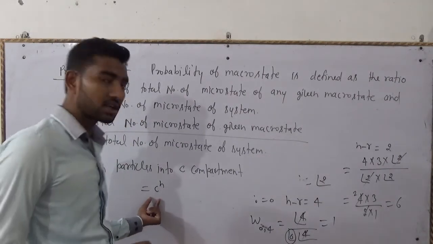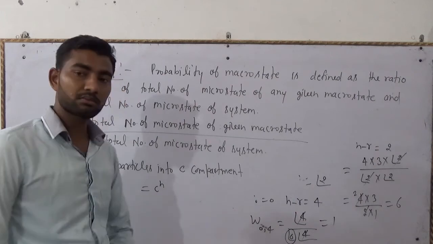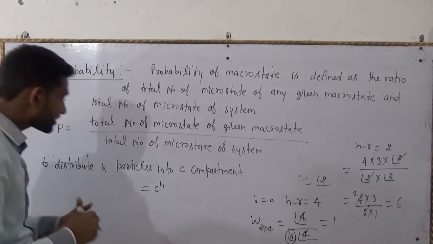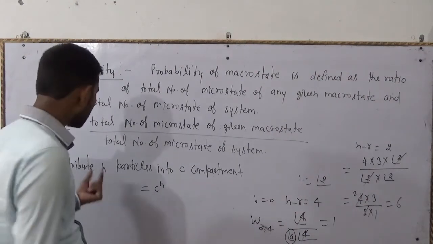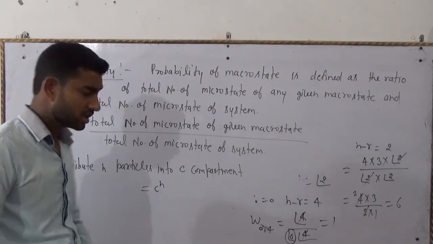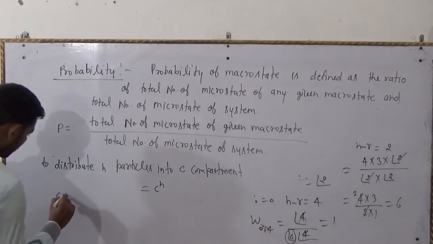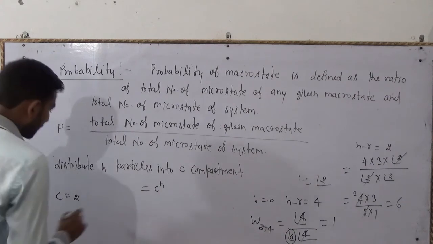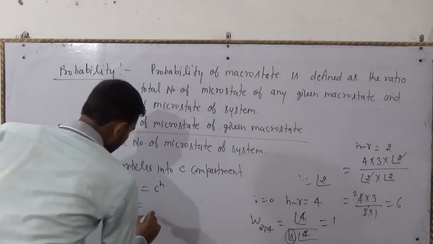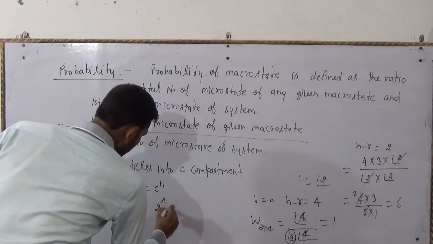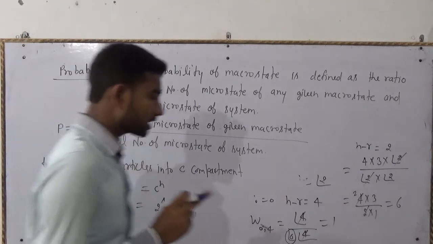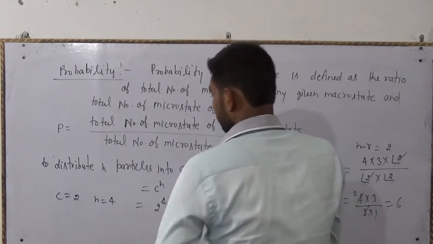Here C is the number of compartments and n is the number of particles. If C is equal to 2 and n is equal to 4, then 2 to the power 4 is equal to 16. It will be the total number of microstates.